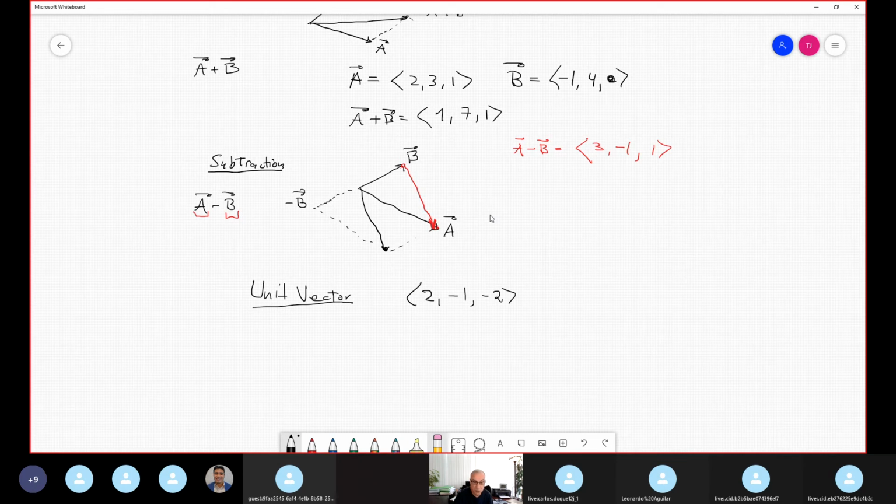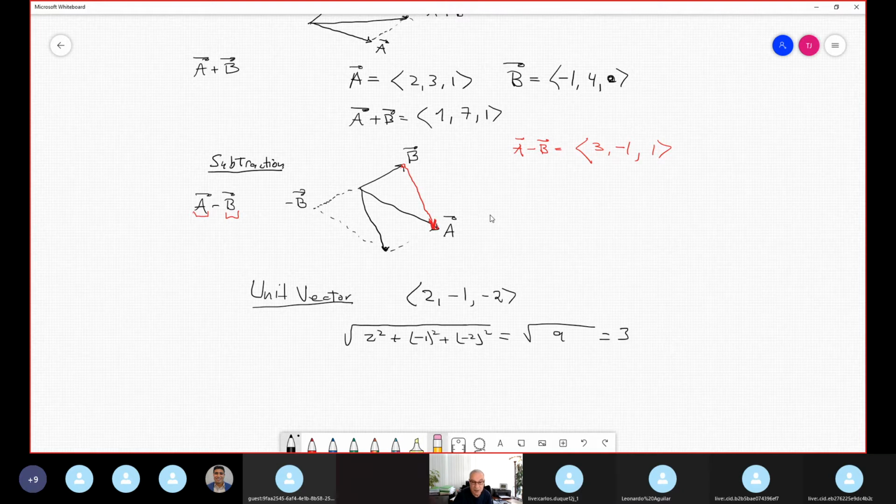The first thing you should do is find the magnitude. The magnitude is the square root of 2 squared plus negative 1 squared plus negative 2 squared. This is 4, 4, 8, 1, 9, so the magnitude is 3.